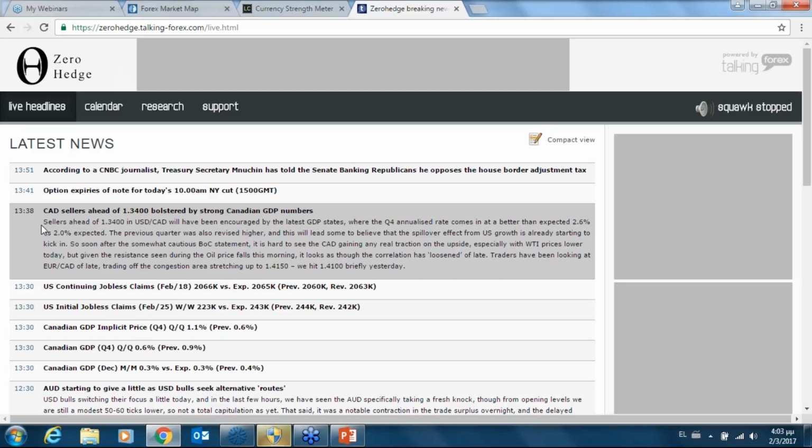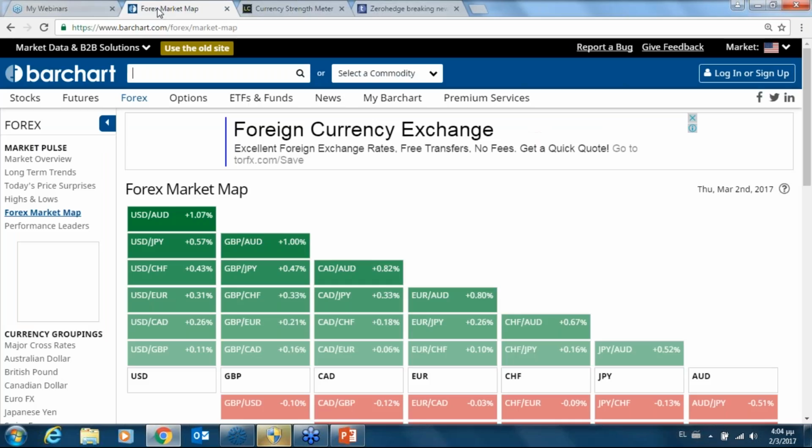USD CAD will have been encouraged by the latest GDP stats. Okay, it's talking about a couple of things here on the news side of things. It is hard to see the CAD gaining any real traction on the upside, so it is giving you the hint that the CAD may be looking into the downside at this moment of time. But what do we see in the trend?